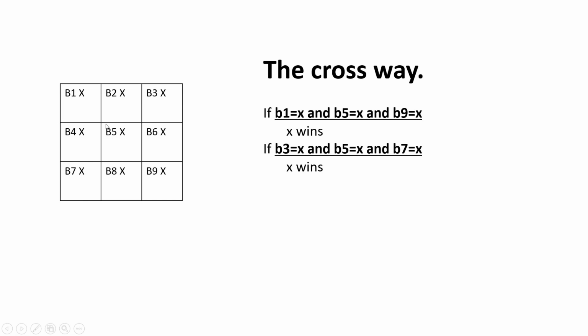These are possible ways that X wins because they are a group of three in a cross way, right? So there are a total of 8 conditions: 3 horizontal ways, 3 vertical ways, and 2 cross ways, right?